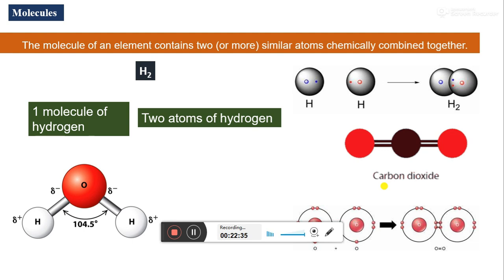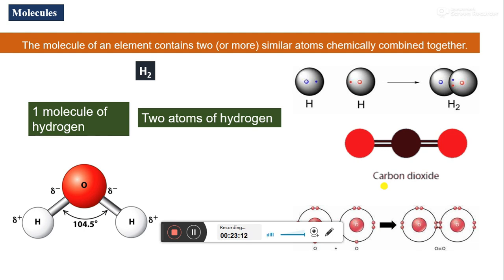Molecules and compounds are almost the same. All compounds are molecules, but all molecules are not compounds. A compound is made up of two or more different elements or atoms combined together chemically in a fixed ratio, but a molecule is two or more atoms of the same or different kinds combined together chemically in a fixed ratio. That's why all compounds are molecules, but all molecules are not compounds.